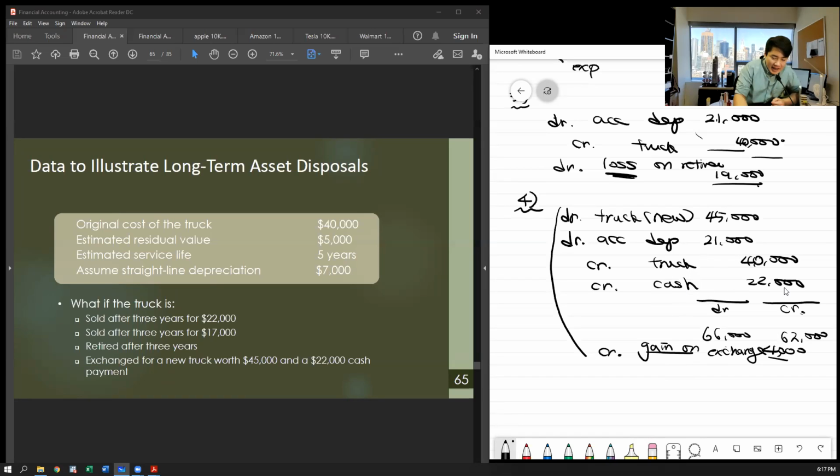Even though you're paying cash, you're paying cash in a little smaller amount than what you're usually expected to. So if you're paying less than what you are supposedly required to, there is going to be a gain on that transaction, and that's what we're adding as the gain on this exchange.